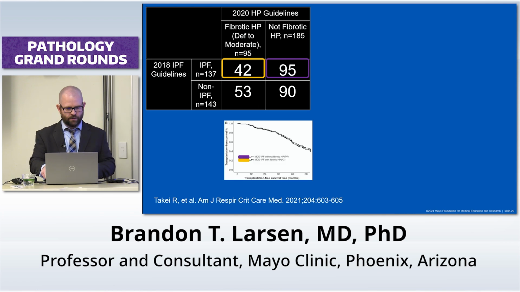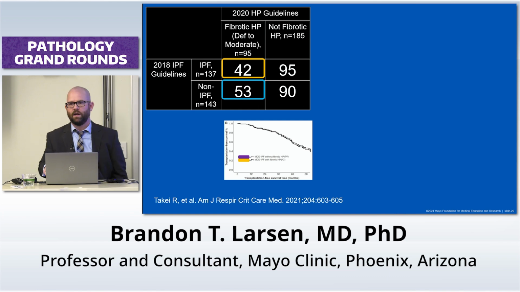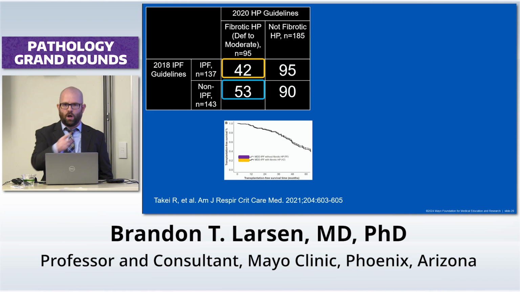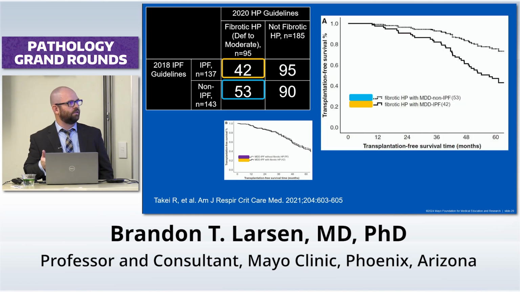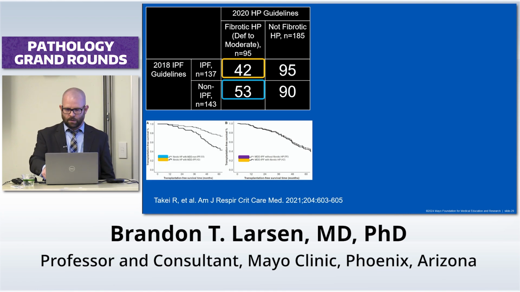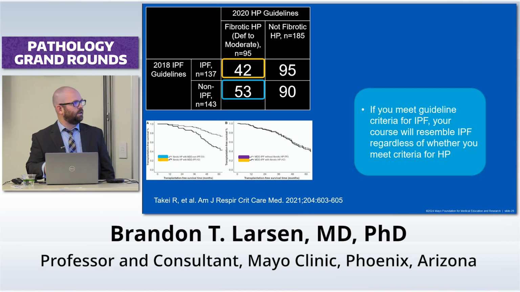On the other hand, if you look at those patients who met criteria for fibrotic HP, and then ask yourself, how do the patients who also met criteria for IPF versus those who did not fare? There actually was a significant difference in survival. So the patients who met criteria for IPF as well did worse. So bottom line is, if you meet guideline criteria for IPF, your course resembles IPF, regardless of whether or not you also meet criteria for HP.